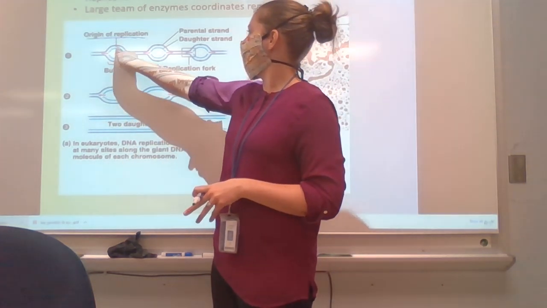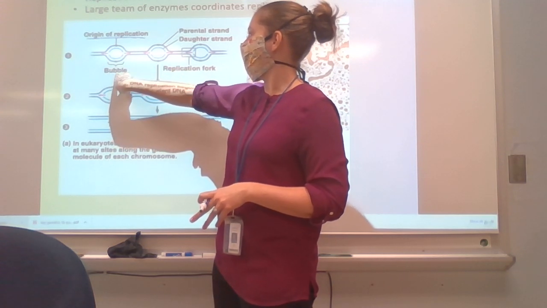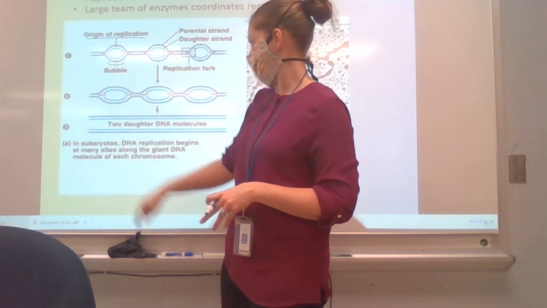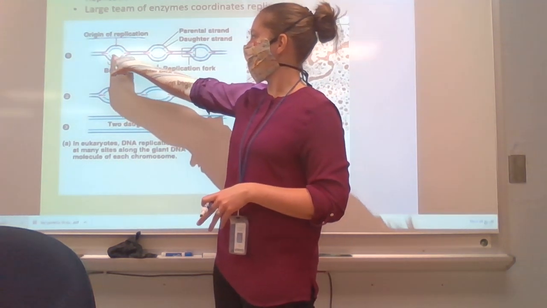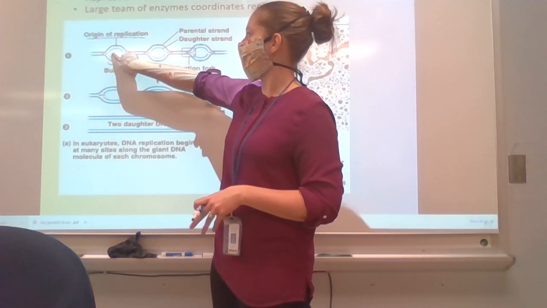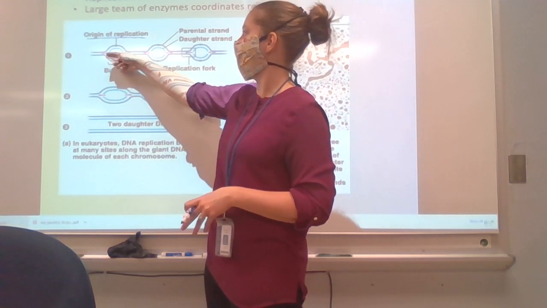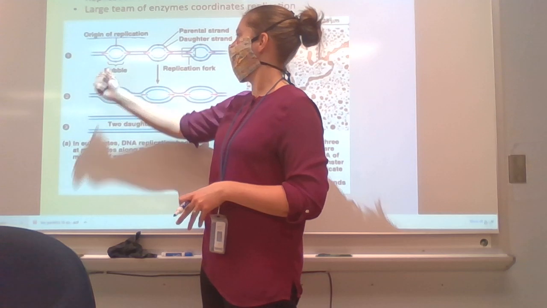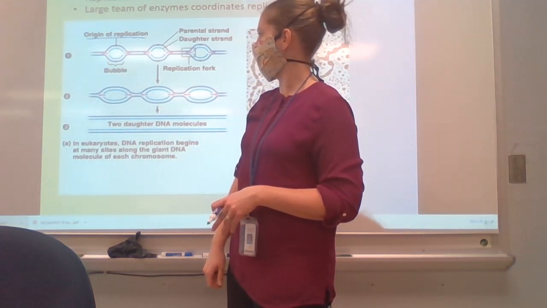We call each one of these points of replication a replication bubble. I know these are small, but when this process starts, replication is going to go in both directions along the strand, right? So we're going to go this way, and we're going to go that way.